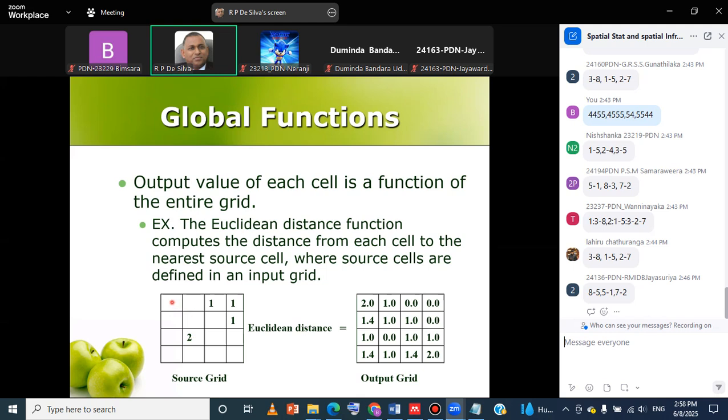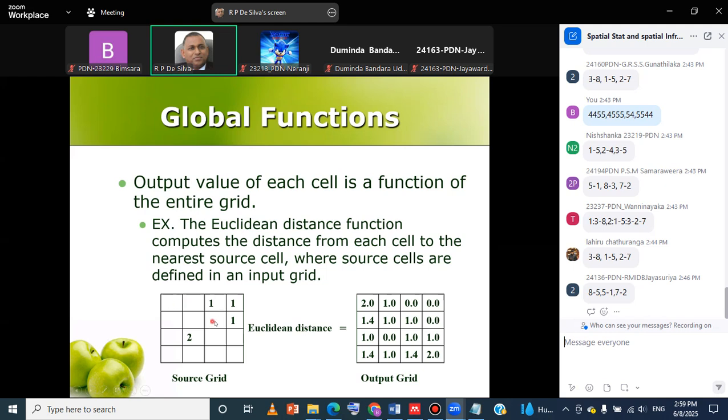From here to here, what is the distance? Square root of 2. So 1 plus square root of 2 is more than 2. Therefore, the Euclidean distance to this source is more than what you need to go for this cell. So we put the lower value there.